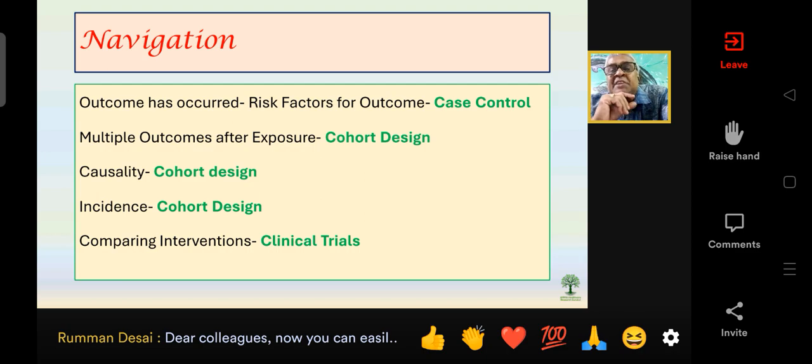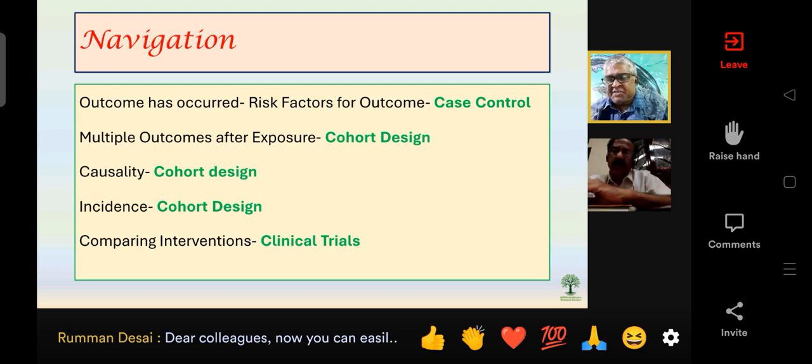I'm looking to see if factor X causes disease Y. Cohort design. Causality, cohort design. I'm looking to say what is the incidence of new cases, cohort design. I'm looking to compare interventions in my question, clinical trial. So this is the very simple navigation tool to pick the initial design.